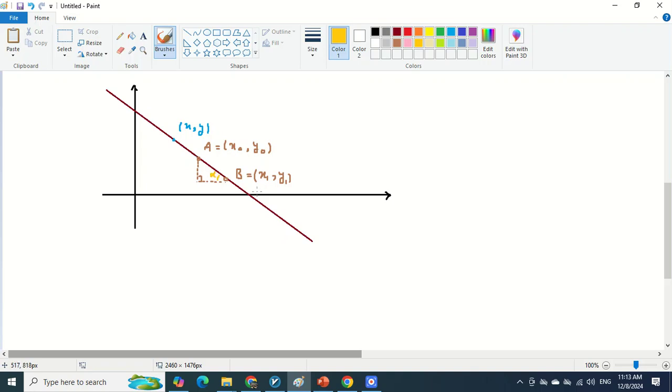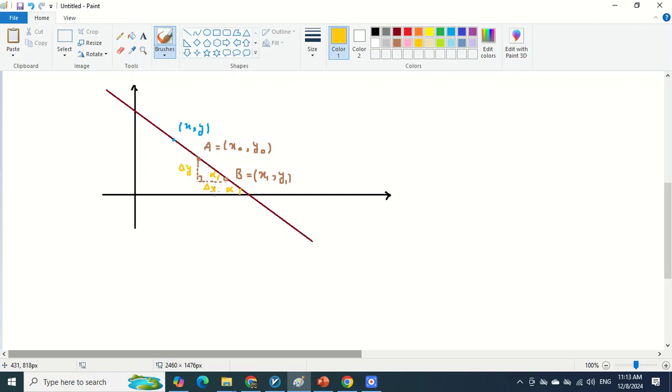Then this alpha and also this alpha over here are the same. So we have the same alpha over there. The opposite side of the alpha determines the delta y, or the difference between the y values, and the adjacent side of this right triangle determines the delta x.